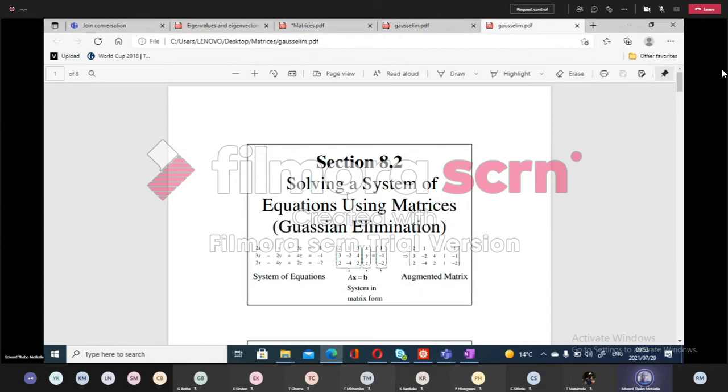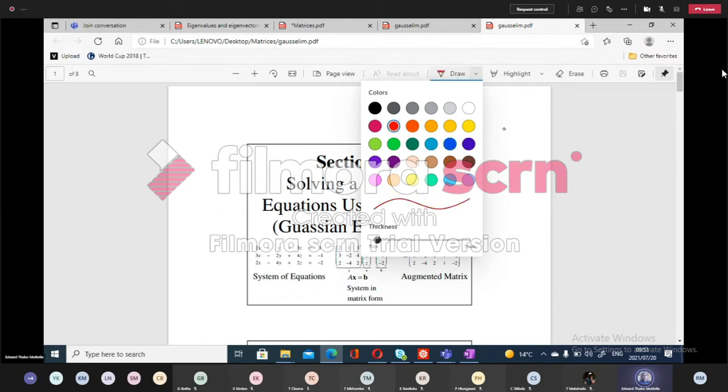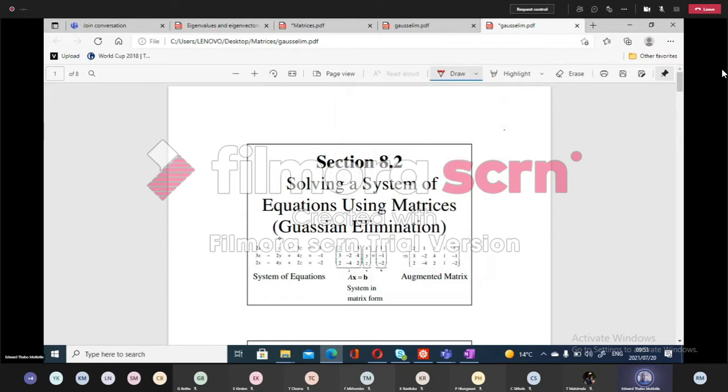So, solving a system of equations using matrices. Here, this is just a discussion. Now we have solved this one using Gaussian elimination. So what we want to discuss is the form of solutions.